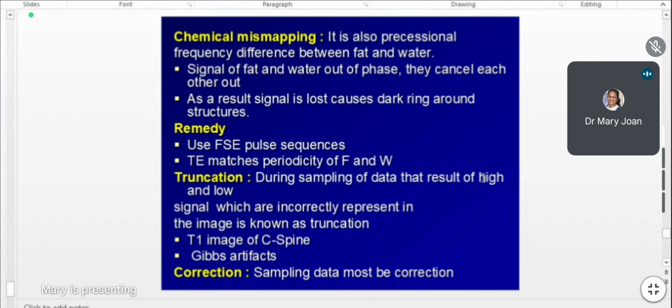Truncation: during sampling of data, high and low signals which are incorrectly represented in the image is known as truncation. T1 image of C-spine, Gibbs artifacts, etc. are examples of truncation artifacts. And the correction is that sampling data must be corrected.